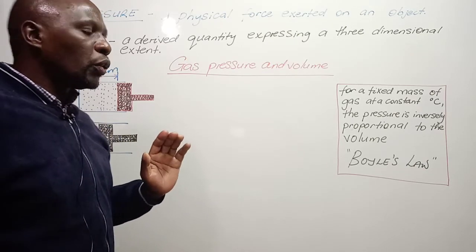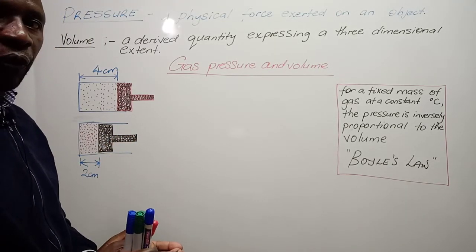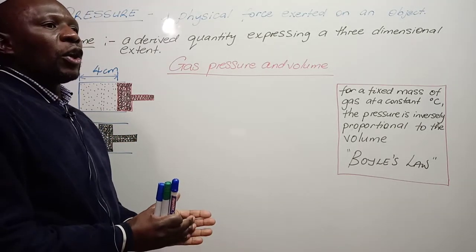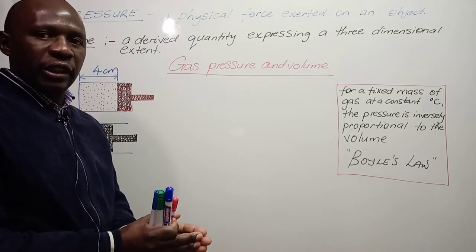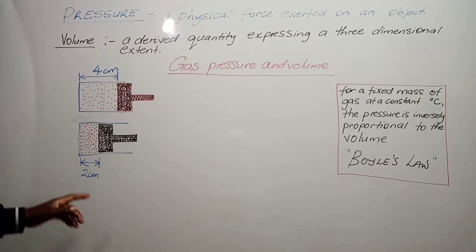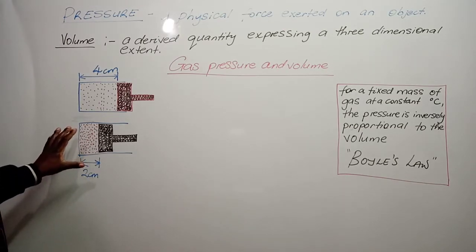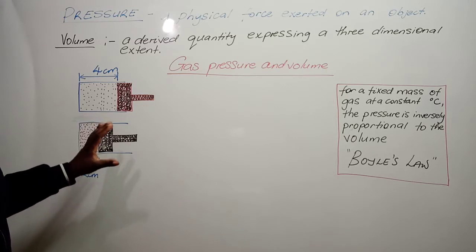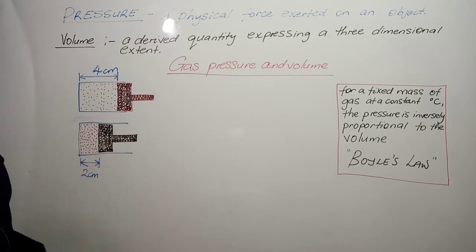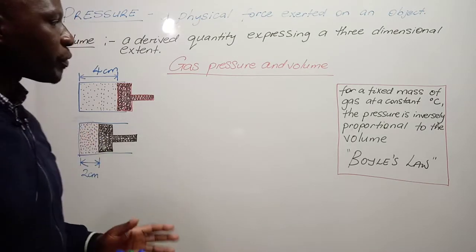When you lessen the volume of the container, you cause more collisions. If you lessen the volume by half, like in this scenario, the gas particles will also collide with each other more because there is less space that they are occupying.